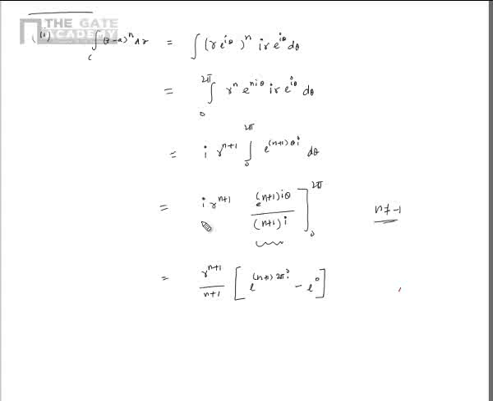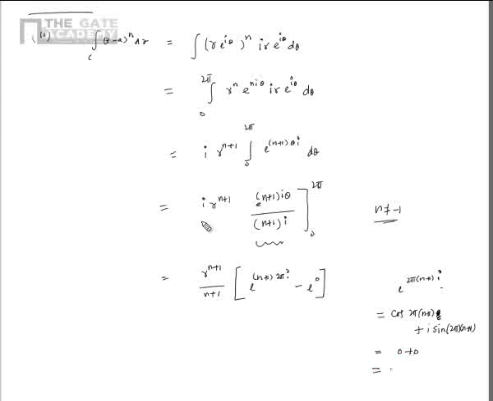Now e power 2 pi n plus 1 I we need to evaluate. Since e power I theta is cos theta plus I sin theta, this is cos 2 pi n plus 1 plus I sin 2 pi n plus 1. Now n plus 1 is an integer, so these are integer multiples of 2 pi, so cos and sin are 0.